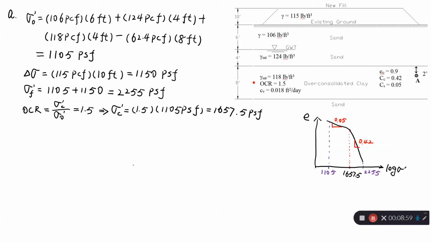So therefore we're going to use the case 3 equation, but for me I don't need the equation sheet because it's just a matter of finding your delta e. Your settlement is H naught over 1 plus e naught times delta e.